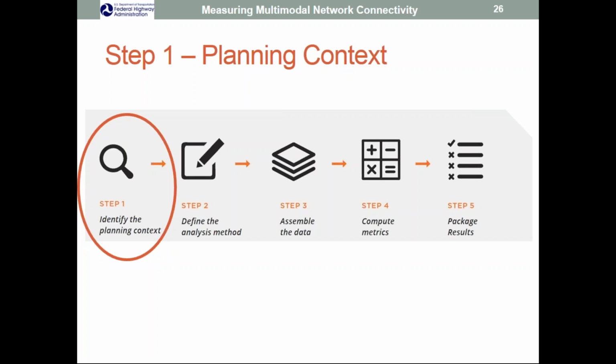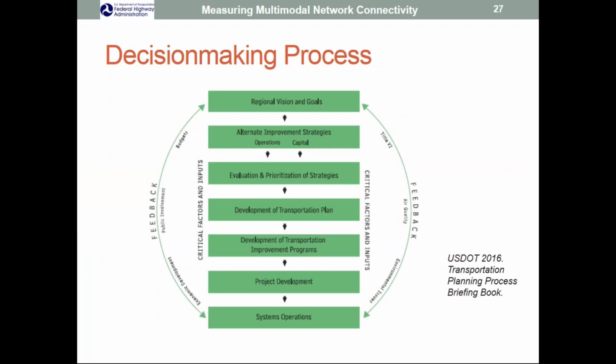So in that first step, identifying the planning context, there's really just a couple things to think about. One would be, where are you in your transportation decision-making process? This graphic, which I hope you are seeing on your screen, comes out of one of the recent briefing books from USDOT that describes the classic transportation decision-making process, not just the long-range planning and programming process that MPOs are typically involved in, but also moving through the whole cycle of project development.